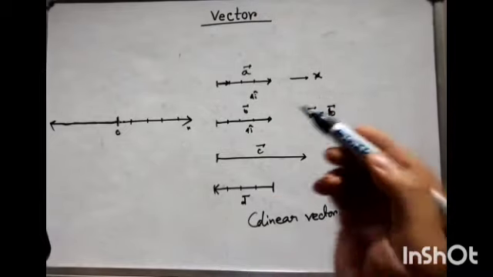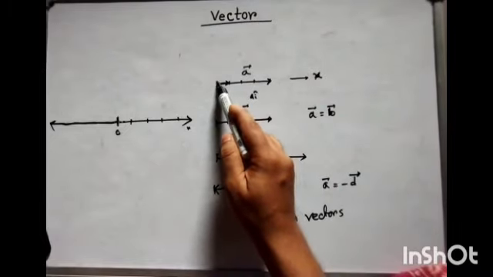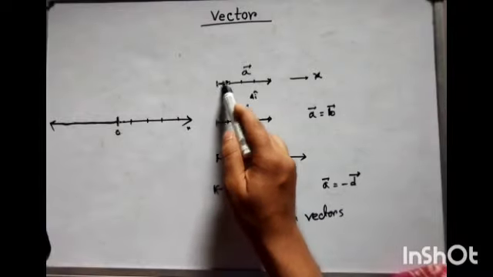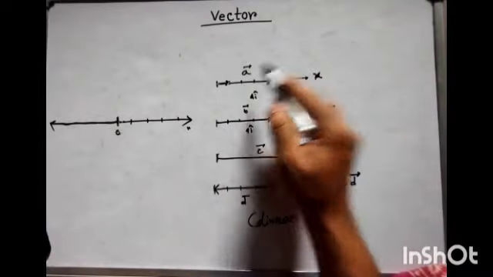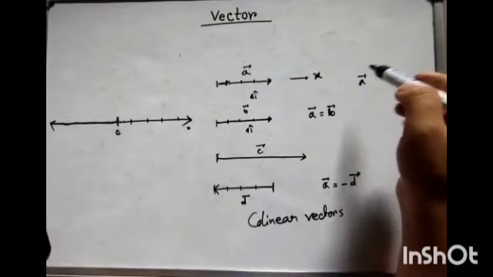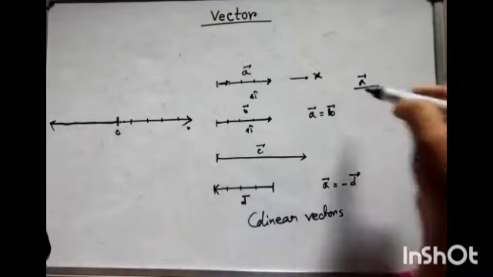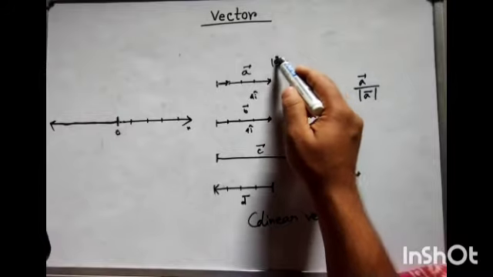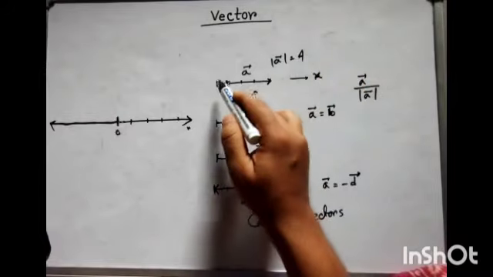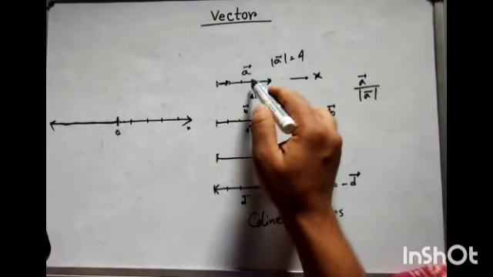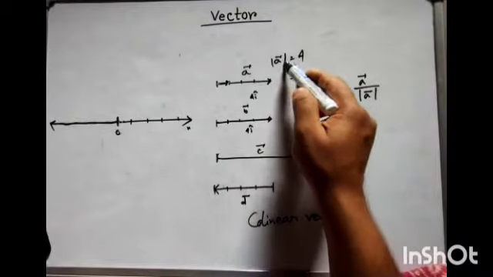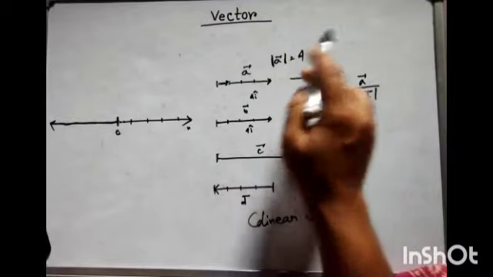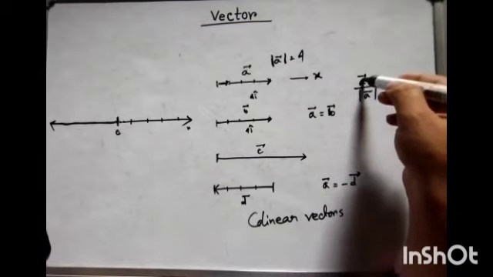Now, I told you about the unit vector. Suppose this is a vector, and I divide it by its magnitude. Here the magnitude of a vector is 4 because the length of this vector is 4 centimeter; the magnitude is the length of the vector.